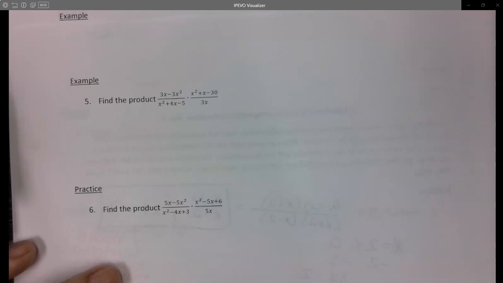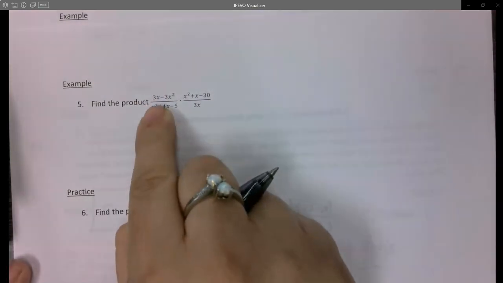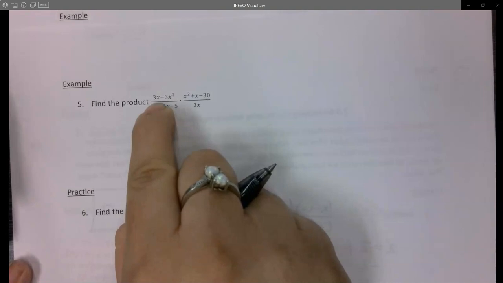Okay, so number 5, I want to factor before I multiply. So, remember how we factored on number 1 and 2? I want to factor each of my fractions. So, on this first one, you see how they both have 3x in them on the top?